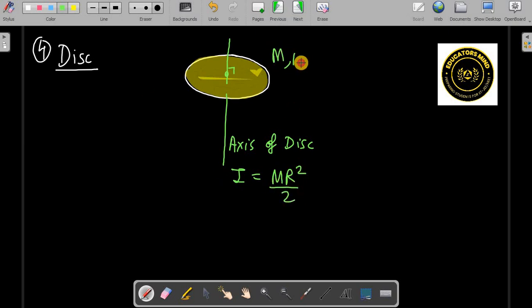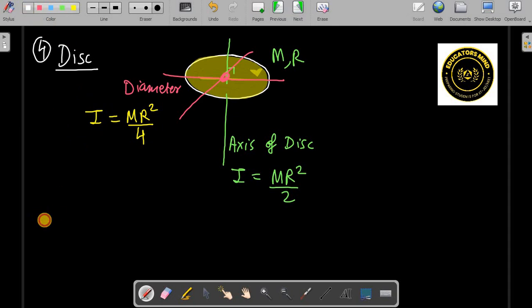M is the mass, r is the radius. Similarly, if you take any diameter, it doesn't matter because it's a symmetric body, the moment of inertia about the diameter will be m r square by 4.